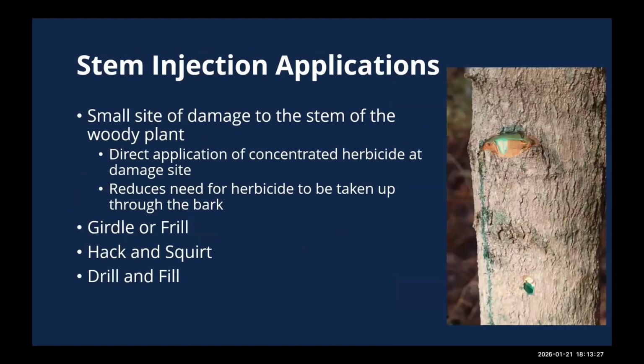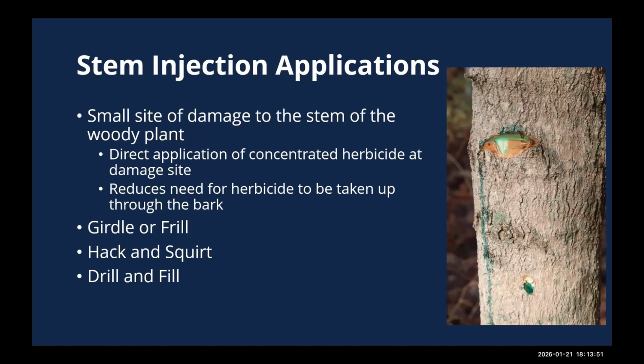And the last section of these different treatment types is stem injections. This is one that people are probably less familiar with. Stem injections are kind of halfway between a basal bark and a cut stump. You're not actually cutting the entire plant down, but you're also not relying on the herbicide to penetrate through the bark.